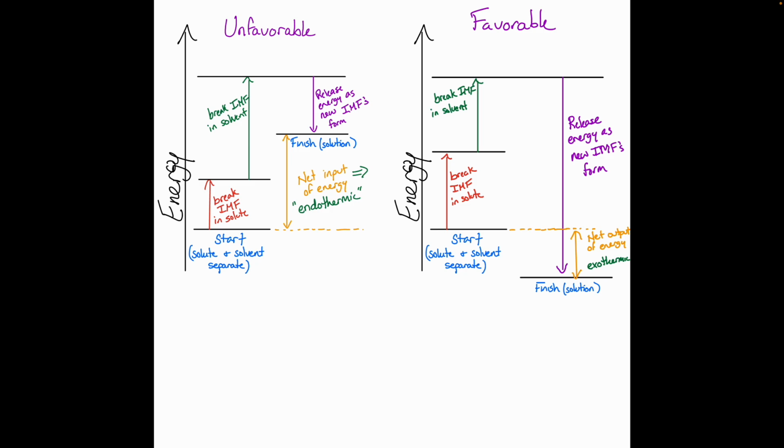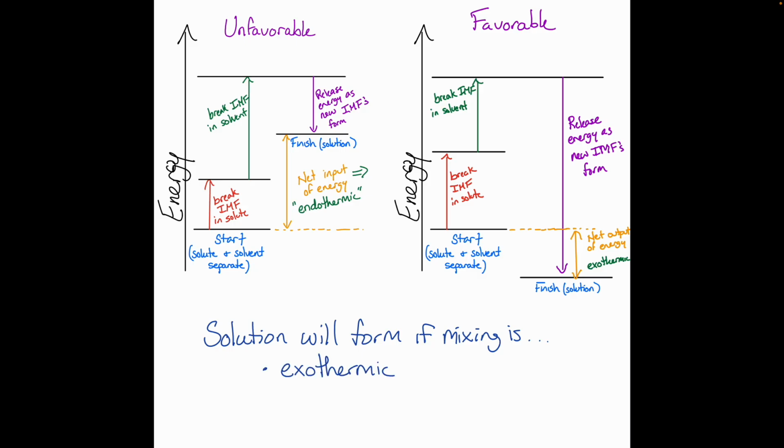So what we're going to say here, in conclusion, is a solution will form if our mixing is either exothermic, or there are some exceptions, and again, we'll talk about why the universe will allow these weird endothermic processes to occur, but they can only be slightly endothermic.